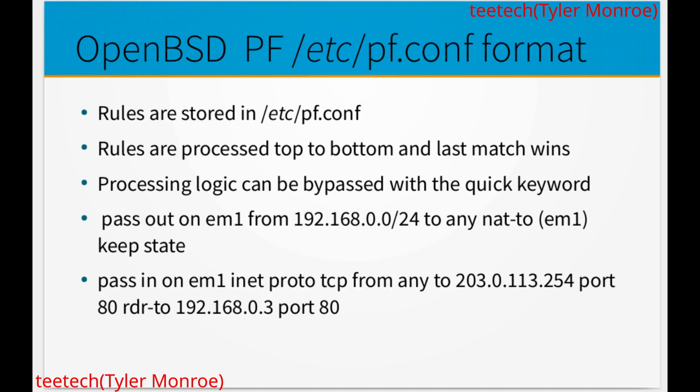But we're going to talk about how a basic rule looks. Now, don't freak out if this is the first time you've seen this. This is a basic rule that does source NAT for one address space to a public address space. What we're saying here is we're passing packets out, so we're routing them out. Remember, out means it's routed away from the firewall, out of an interface.